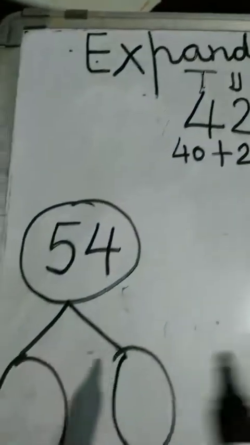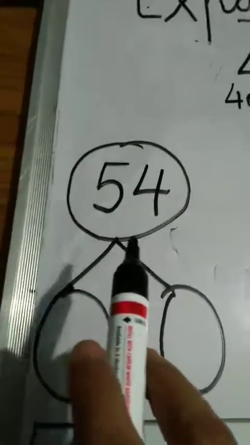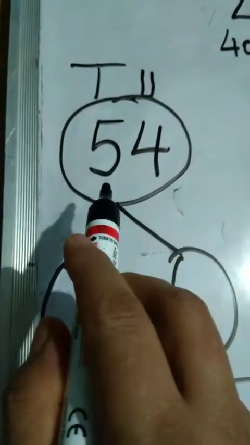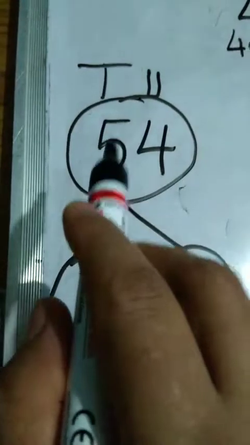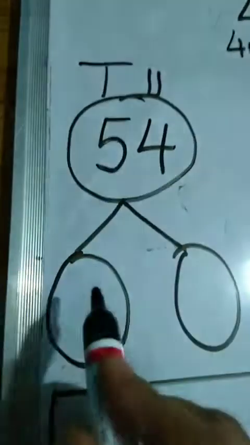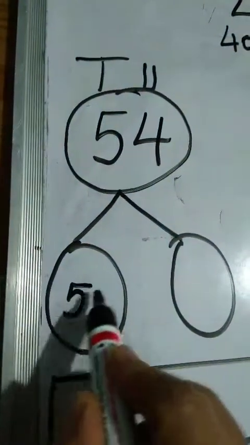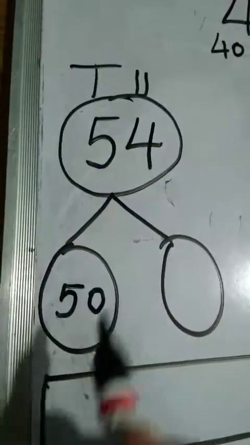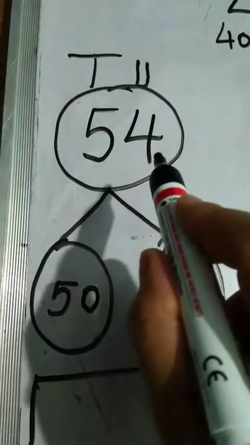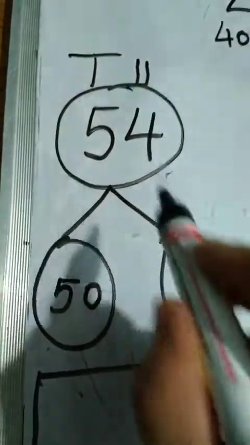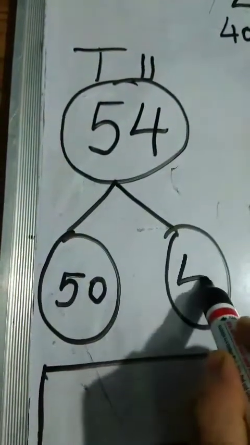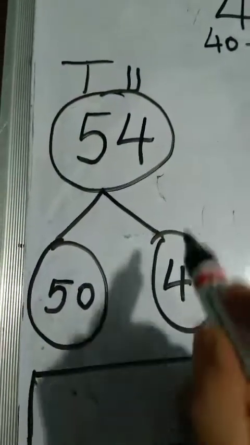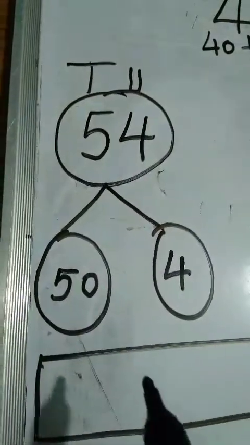So let's see which number is this. It's 54. So let us divide into tens and units column. In 54, the place value of 5 is what, children? So the place value of 5 is 50. What is the place value of 4? So the place value of 4 is 4 only, as it stands at units place.